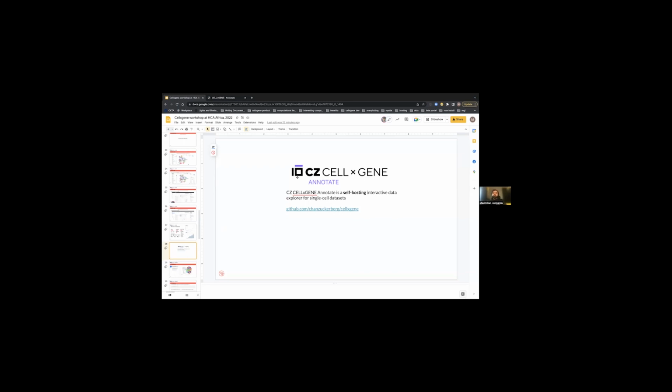If you have a use case where you need to work with data locally, so perhaps it's new data that you've generated and you don't want to upload it to any external portals yet, you can use our Cell by Gene Annotate software. This is a local solution that allows you to work with new data that you've generated and want to keep local, but you can also download data sets off the Cell by Gene data portal and work with them in a local setting on your desktop or laptop.